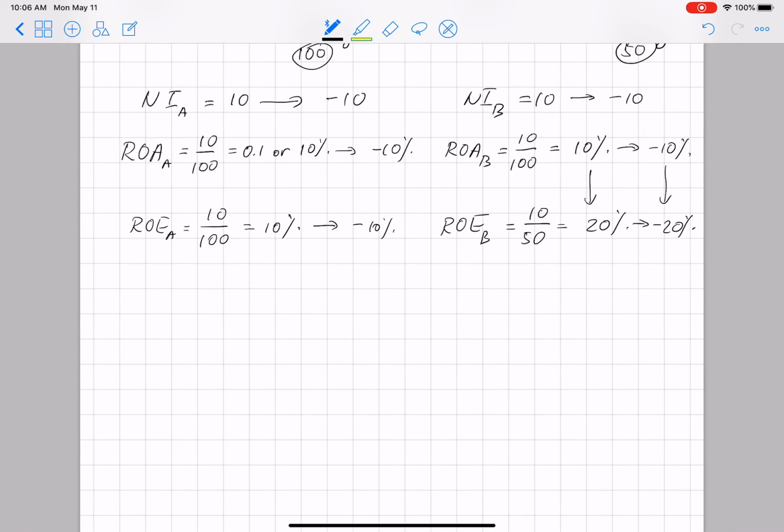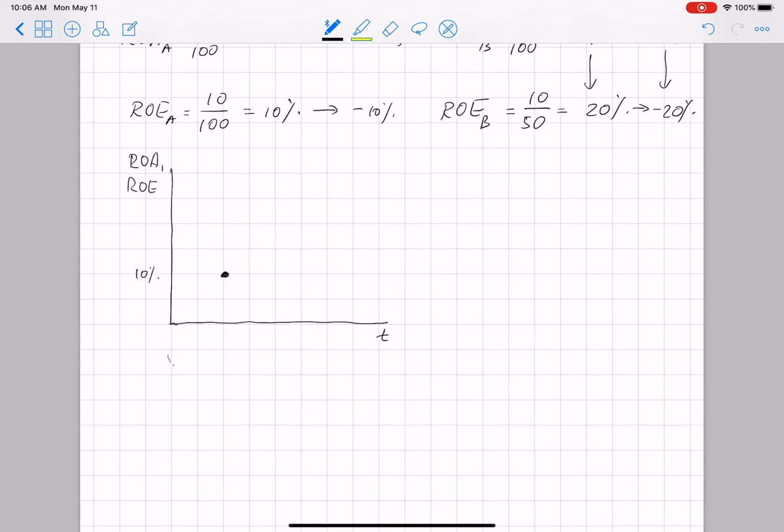So graphically, you could look at it this way. If this is, let's say, your time or state of the economy, and this is your ROA and ROE, you have, let's say, 10% here, and let me raise it up a little bit.